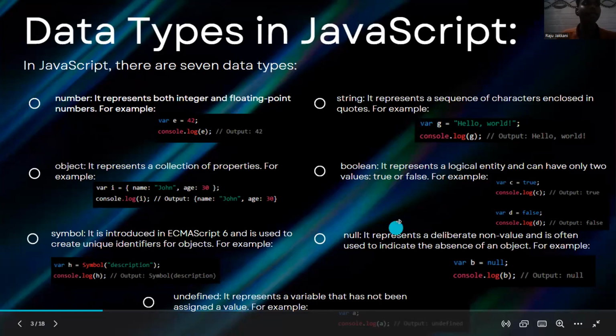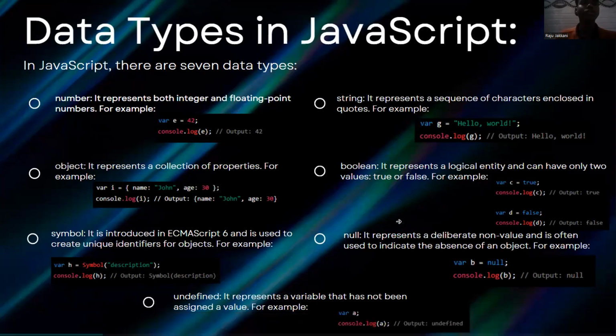The next data type is null. It is used for representing the intentional absence of any object value. Null is used to represent only null. It cannot be empty. If we do not assign any value to a variable, then it is known as undefined, not null. Null and undefined are both different.